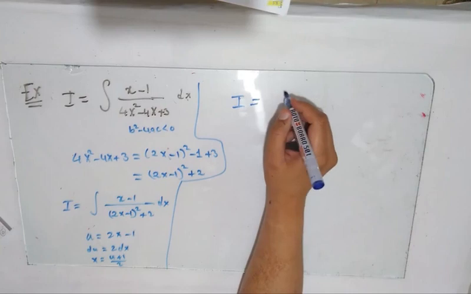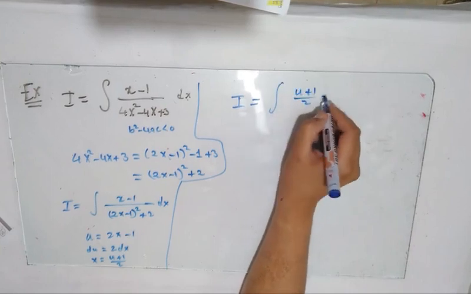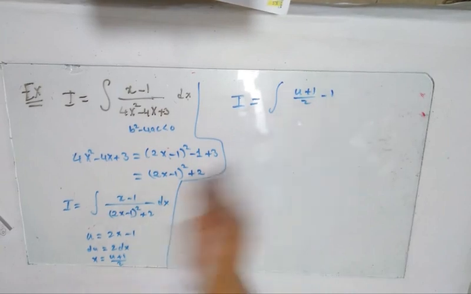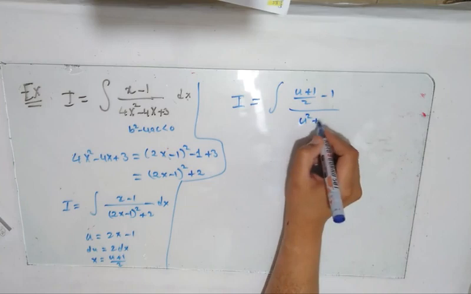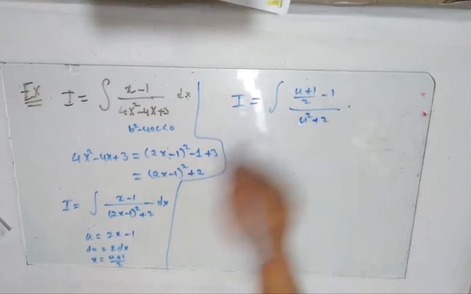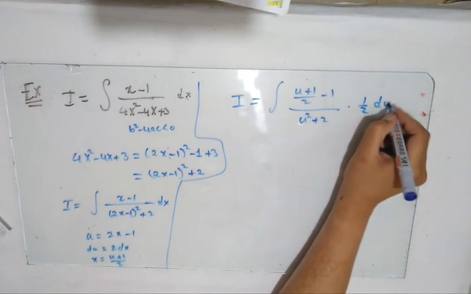We will have the integration of ((u plus 1) over 2 minus 1), which is x minus 1, over (u squared plus 2) times dx, and from here we can find that dx is half du.